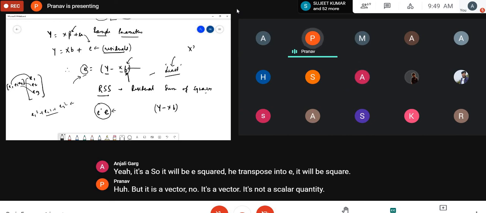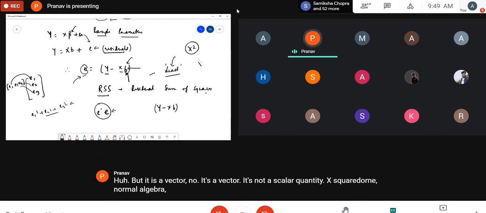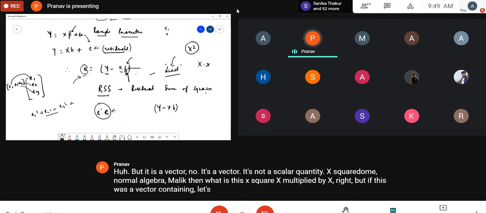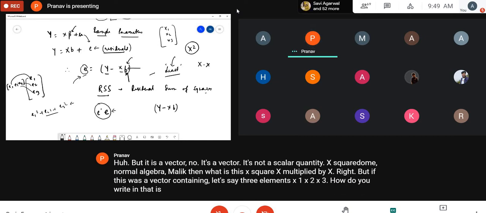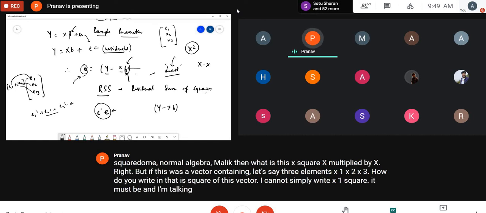The x square that we write in normal algebra, what is this x square? X multiplied by x, right? But if this was a vector containing, let's say, 3 elements x1, x2, x3, how do you write the square of this vector? I cannot simply write x1 square. I'm talking about the sum of these squares.